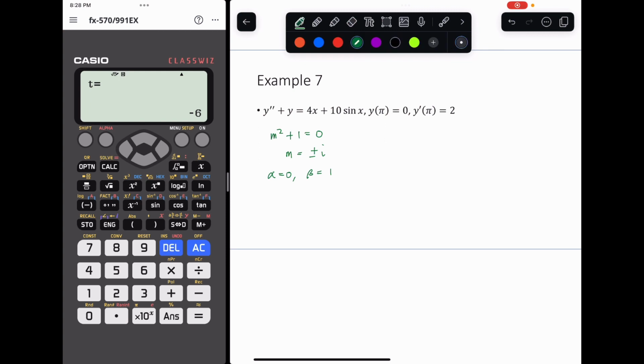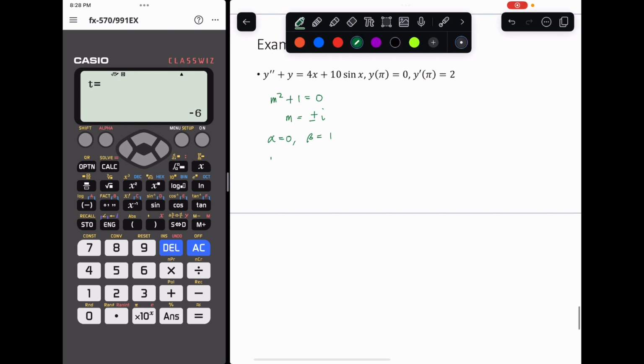So that's our complementary solution, yc, which will just be c1 cosine x plus c2 sine x, since beta is 1. But then for our yp, for the first term we have 4x, so I'll have ax plus b.